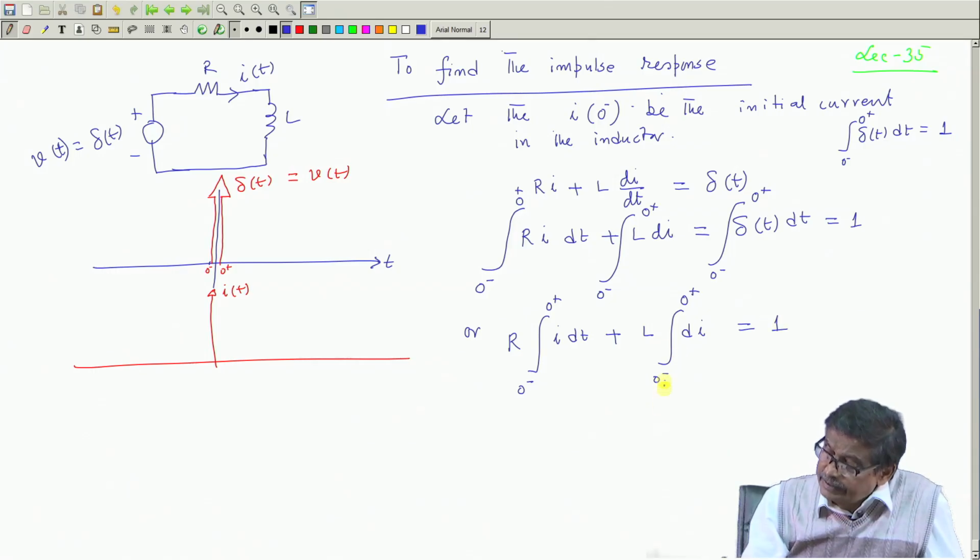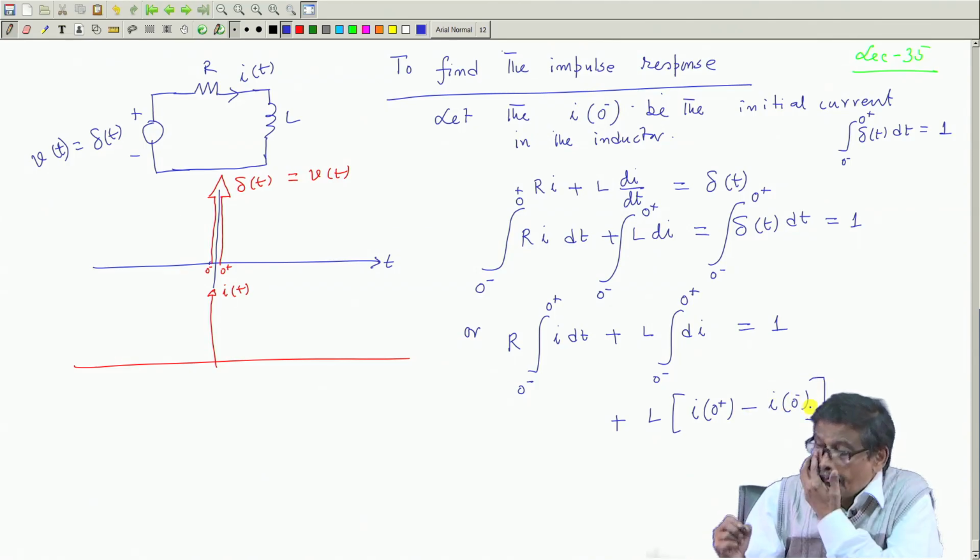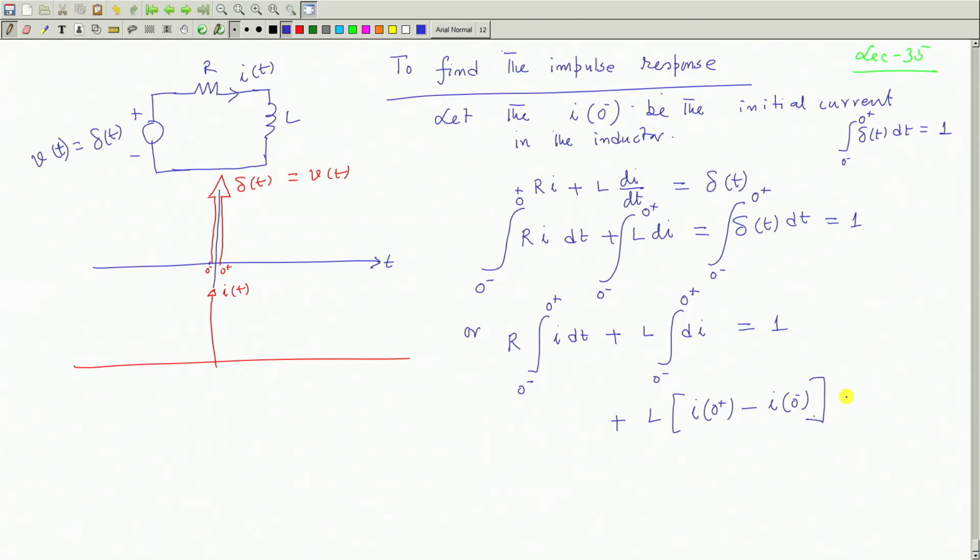So far as this second term is concerned, this integral will be i only, and this will be i(0 plus) minus i(0 minus). And this side it is equal to 1.